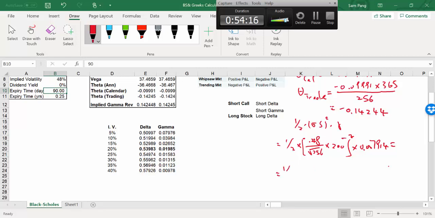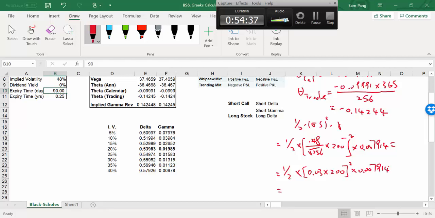So that is a half times 0.03 times 200. Are you guys still with me? Square of that multiplied by 0.007914.